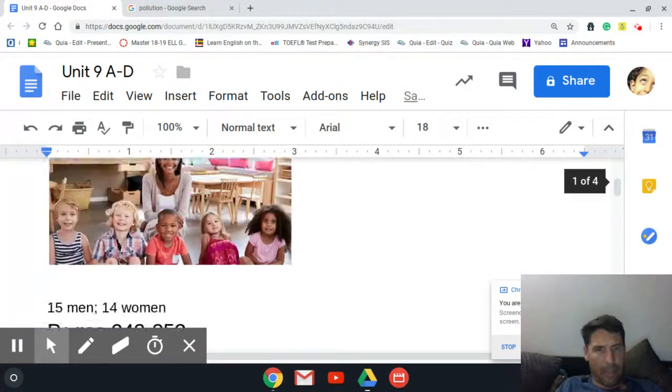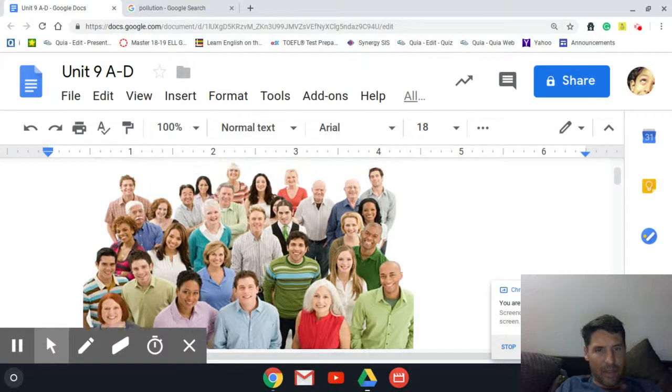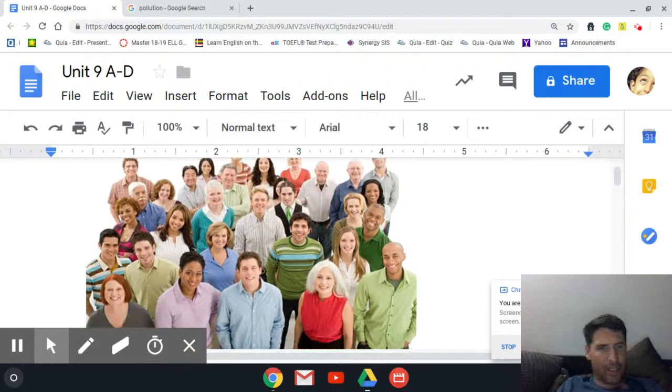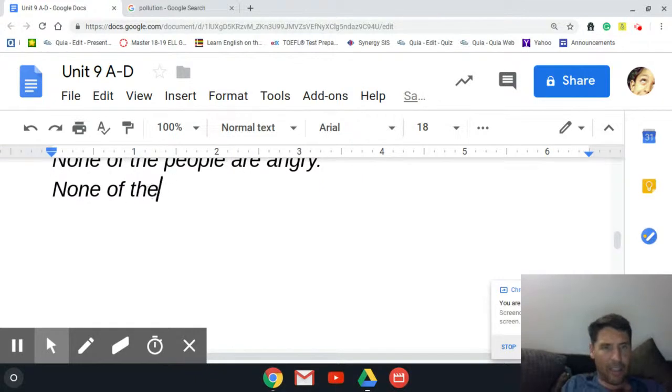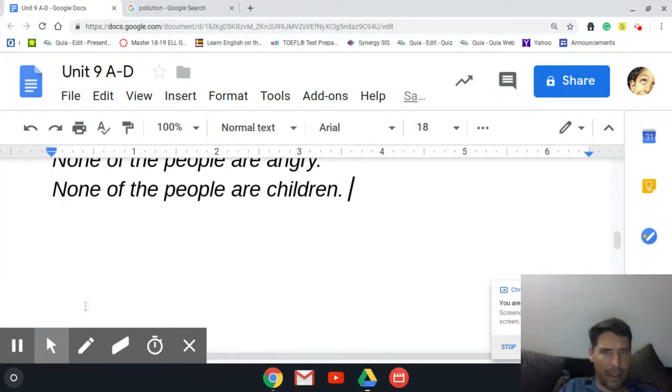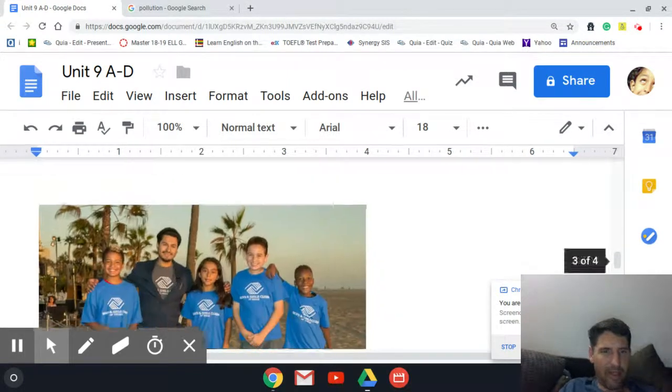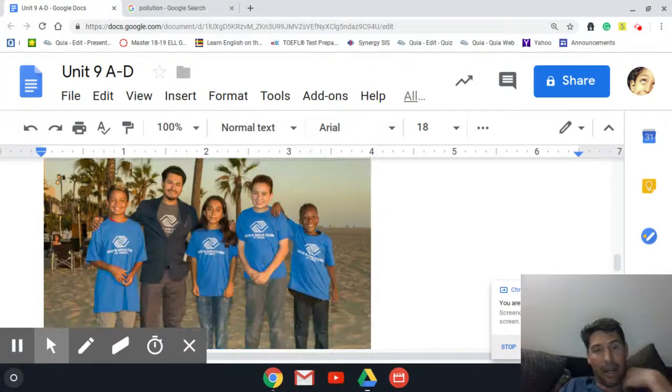Right? Or if you look at a picture like this, well, they all look like adults to me. I don't see any children. So we might say none, 0%, none of the people are children. Oops, spelled it correctly. There you go. Right? So that's really what this lesson is about.